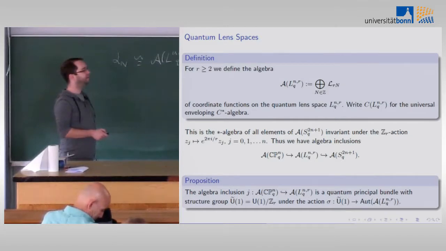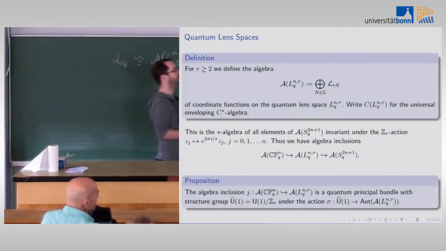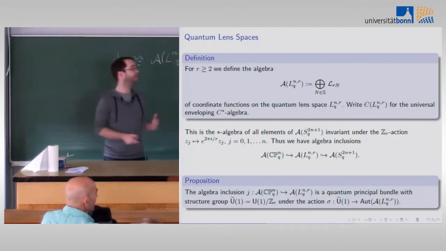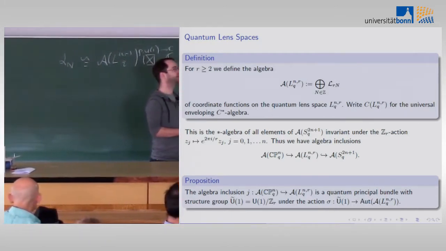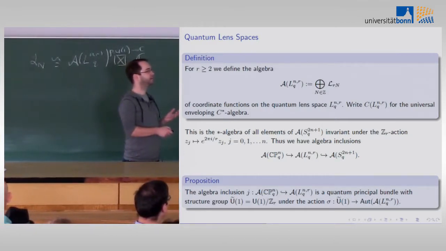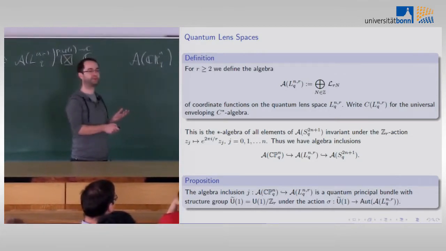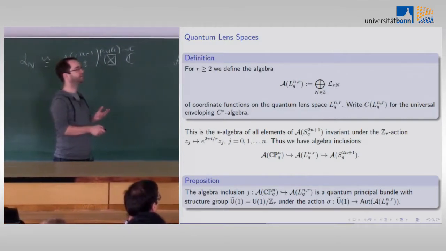We've already seen that CPN sitting inside S2n plus 1 is already a principal bundle, a U1 principal bundle. Now we're interested in the projective space sitting inside the lens space, coordinate algebra-wise. This is also a quantum principal bundle, so there's a certain freeness action going on here. The sphere sitting over the quantum projective space is a U1 bundle, while this is a ZR bundle.